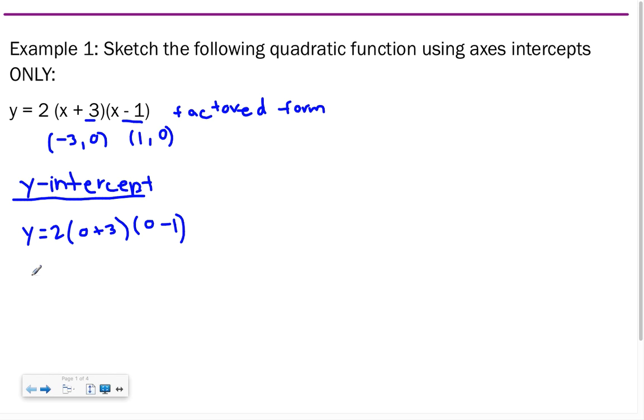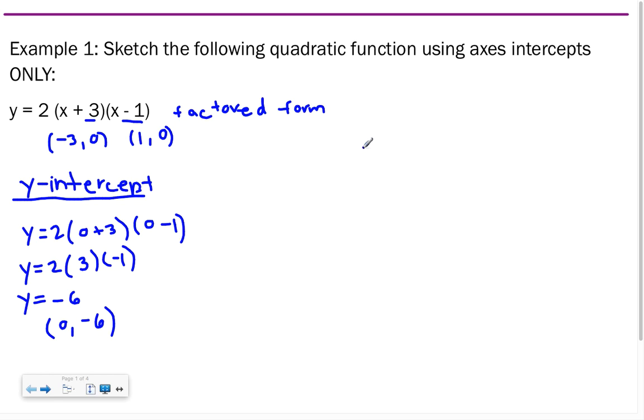So simplifying this out, 0 plus 3 is +3, 0 subtract 1 is -1. So we've got y equals 2 multiplied by 3, so +6, multiplied by -1, y is equal to -6. So we have a y-intercept at (0, -6).